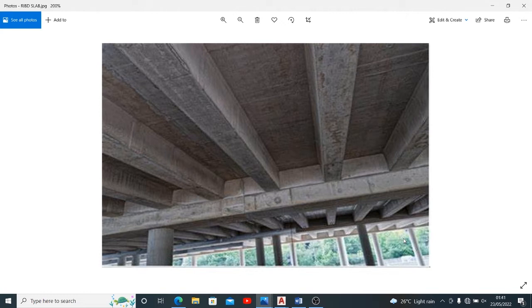Where solid slab cannot really span much, we can use rib slab to take care of those scenarios. So rib slab can support longer spans that solid slab may not be able to support, still maintaining the economy.